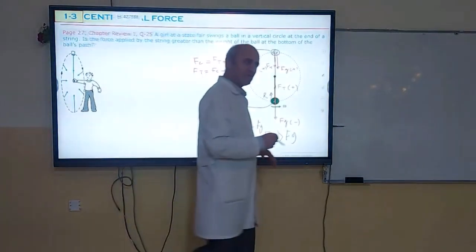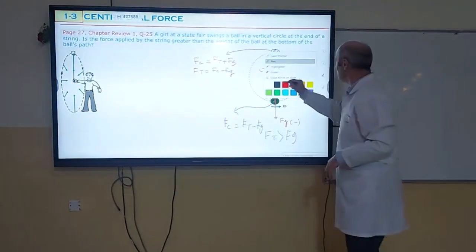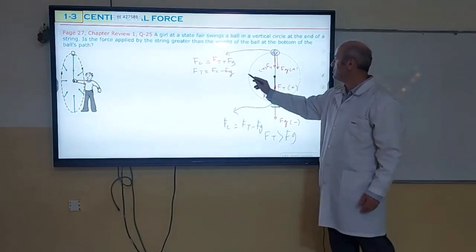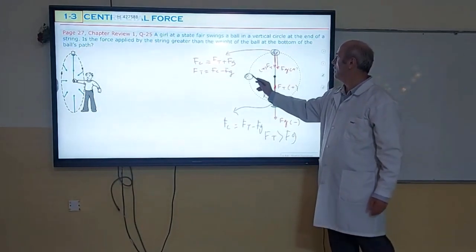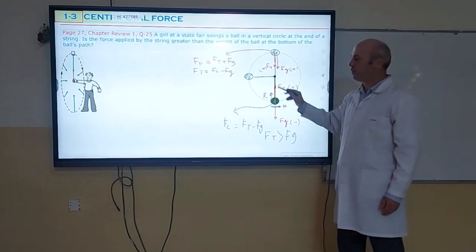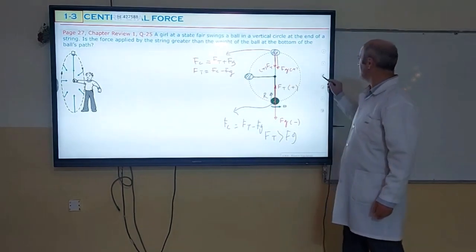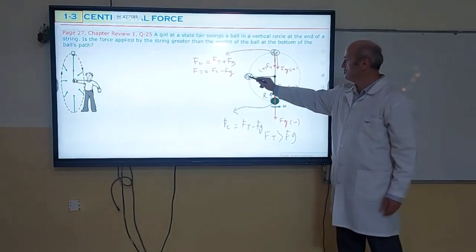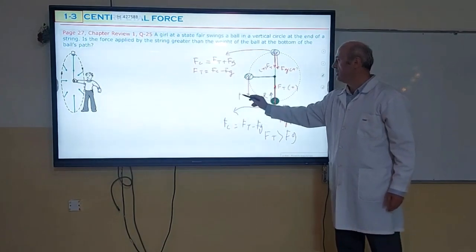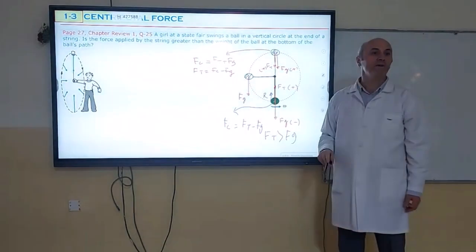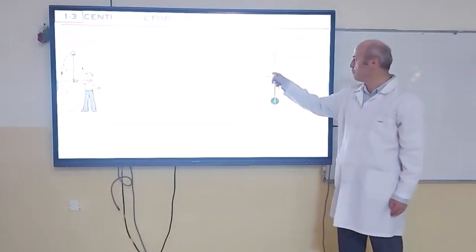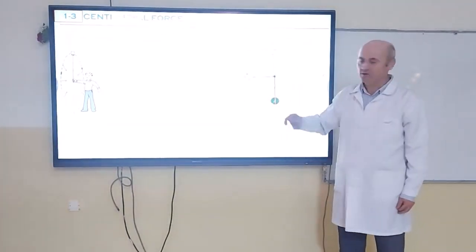And one more position we will study. This position. What if this ball comes in here, right here? This is the rope. Fg never changes direction, towards the center. Ft is always along the rope, but this time the rope direction is to the right.